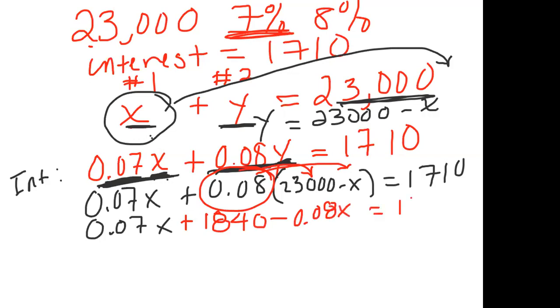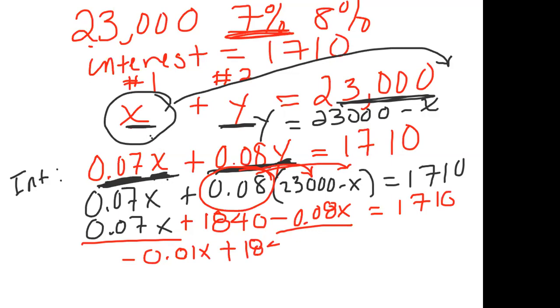We're coming up to the answer. And then once we're done with it, guys, we can check it. So now we're going to combine like terms. Combine these two together. So we get negative 0.01x. And then bring down that 1840 and set it equal to 1710.